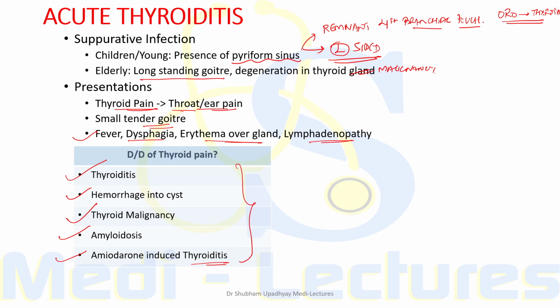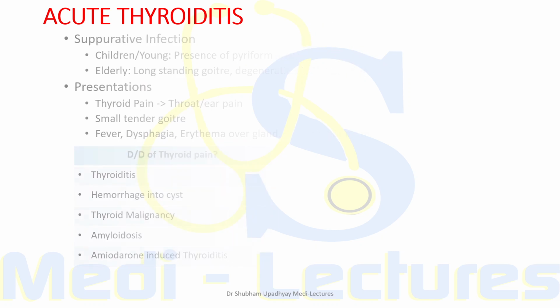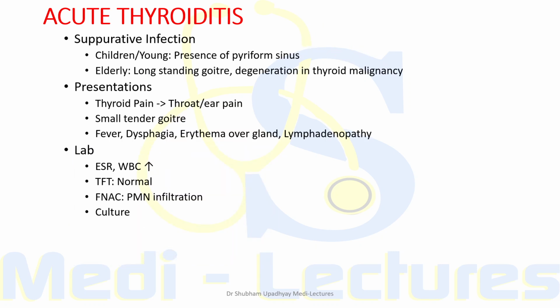Now coming to the lab evaluation, what lab findings will be seen in acute thyroiditis? As it is most commonly infective, the ESR and WBC count of the patient will be increased. Now the inflammation in acute thyroiditis is not much as compared to subacute thyroiditis. So there will be no destruction of the gland and no release of preformed thyroid hormone.